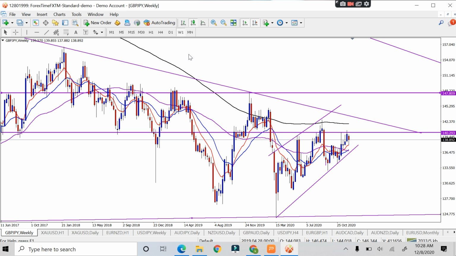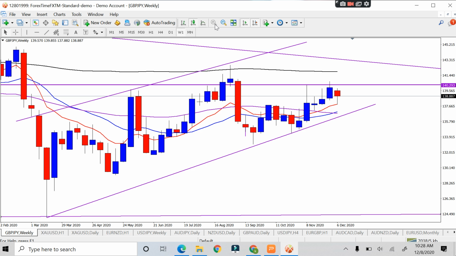As it's moving upwards, this week, as you can see, if I maximize that, you can see a bearish candle forming. But you can see that your moving average line, the 10 is still above the 20, and in fact the 10 and 20 moving average just crossed the 50 moving average. So I'm still having a buy bias for this pair.